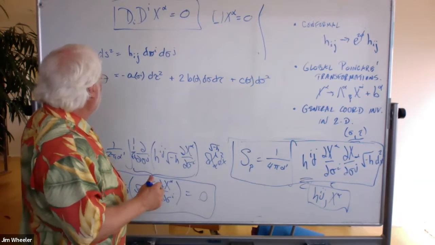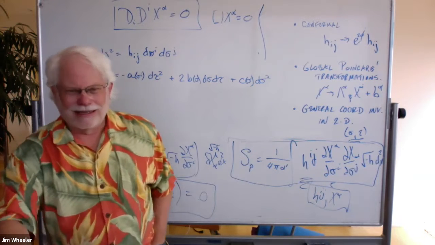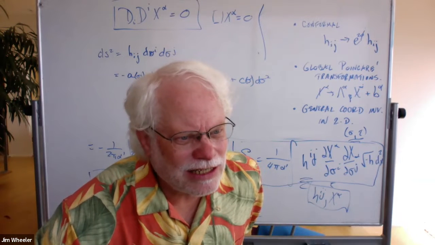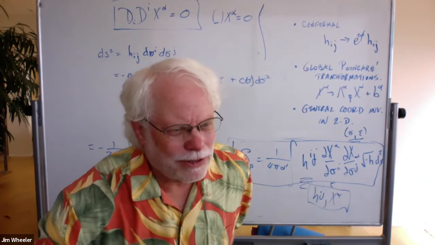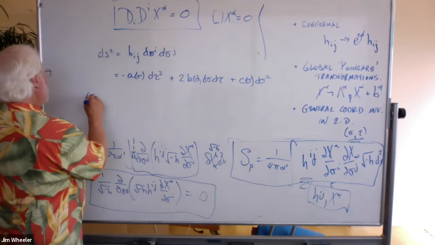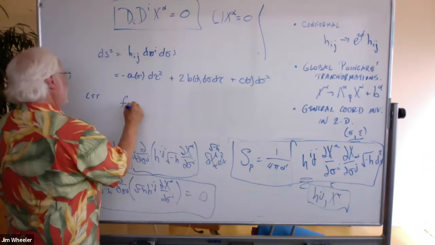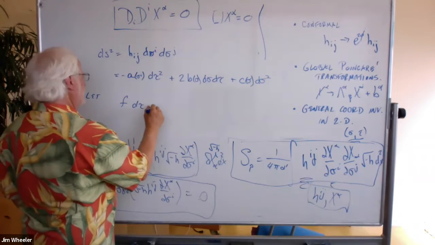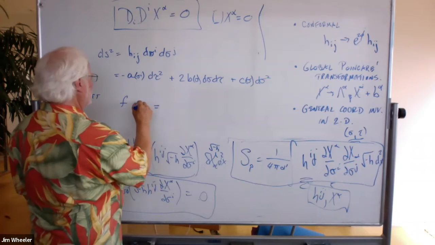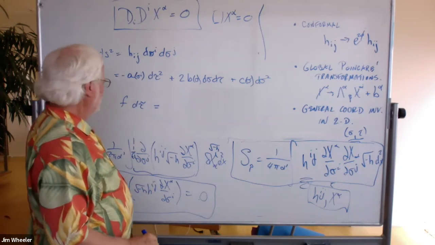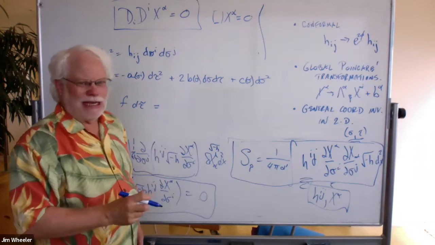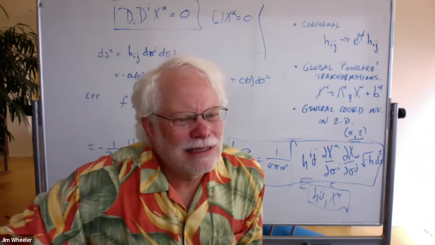And what I want to do is choose the answer here. I could make this arbitrary and determine what we need, but what I want to do is let some function f times d tau, a new tau, let's call it tau tilde, be defined as a linear combination of sigma and tau.